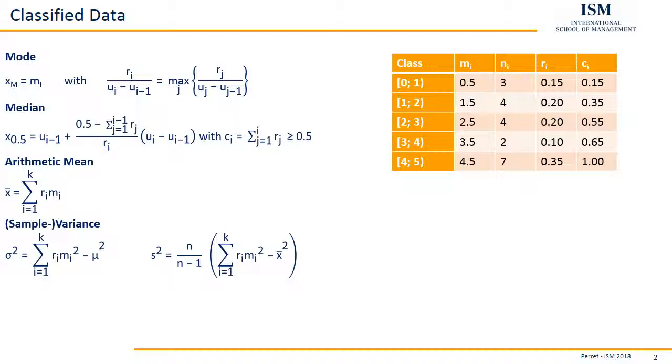If we have calculated the arithmetic mean, or our expected value, then we can just multiply relative frequency with the squared class centers, sum all of this up, and subtract the squared mean. So this makes this relatively easy as well. Even compared to calculating the variance, the median still looks the most daunting. However, if you do this once or twice, it won't be this hard either.